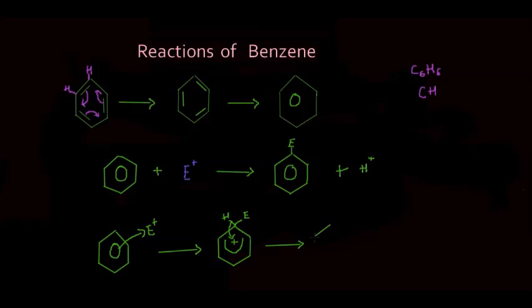So now the final product is formed with an electrophile on the benzene and the hydrogen ion being removed. As you can see, the bond of this hydrogen and carbon gets broken and it shifts inside the benzene ring, making the 3 double bonds intact again.